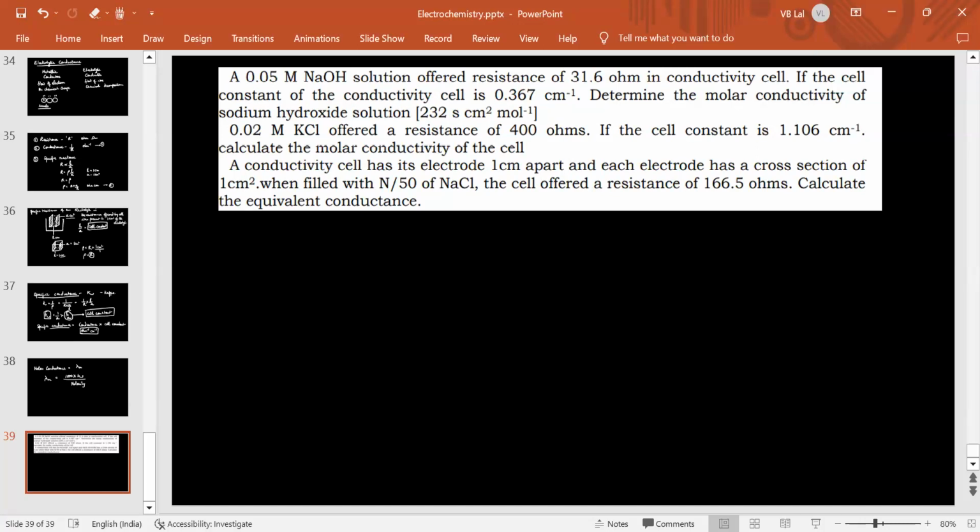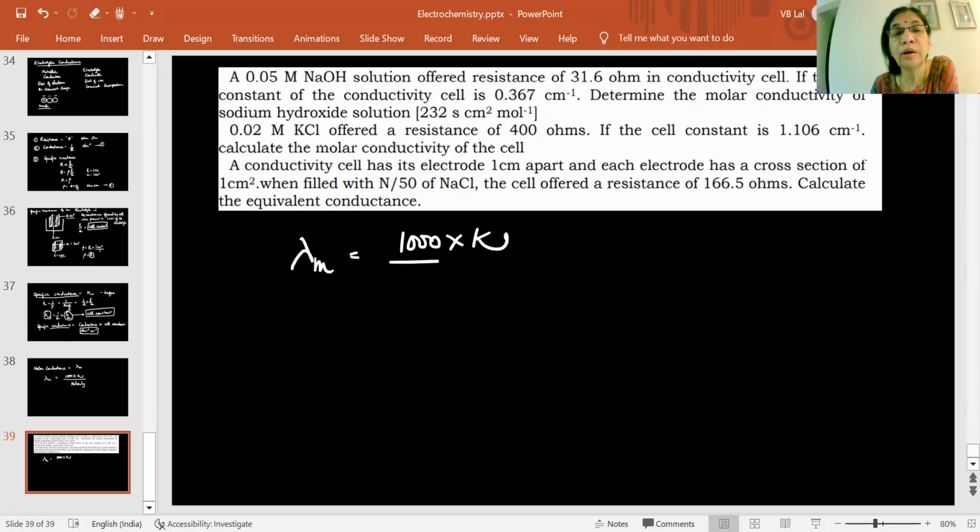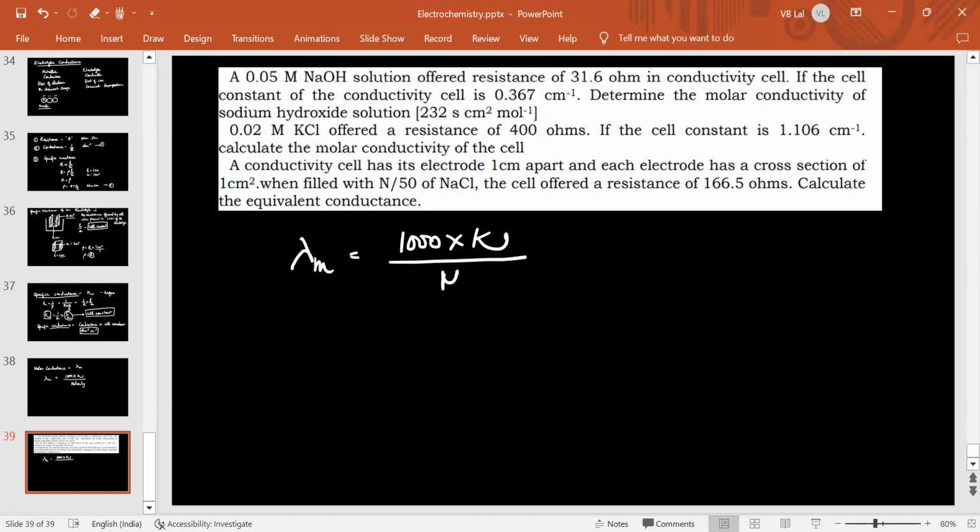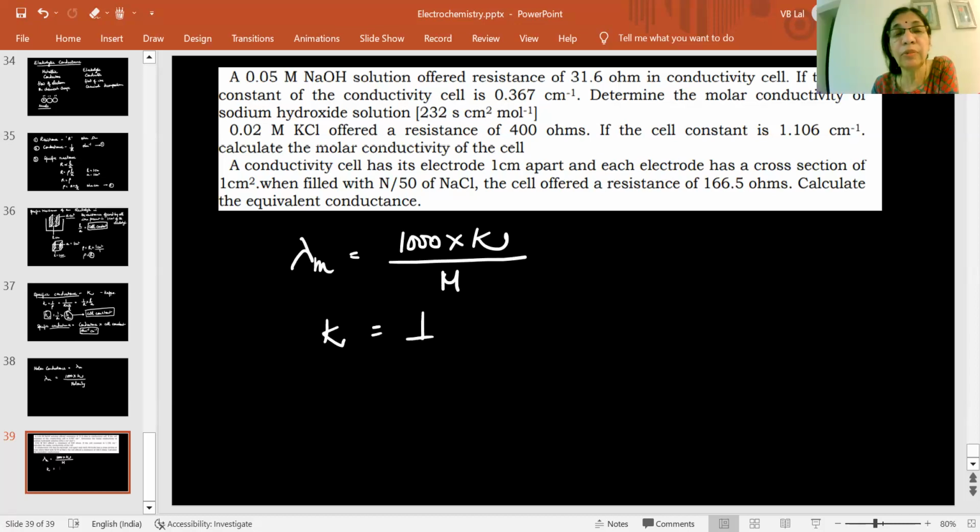So how will I find molar conductance? Lambda m is equal to 1000 into kappa by molarity. What is kappa equal to? Kappa is equal to 1 by R into cell constant.